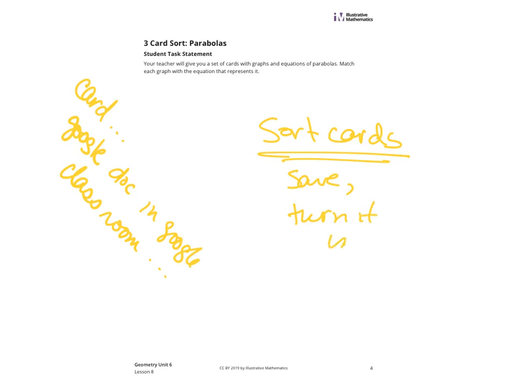I want you to sort the cards into what makes sense and then save it and turn it in. You're going to get a set of cards with graphs and equations of parabolas. Match each graph with the equation that represents it. Awesome.